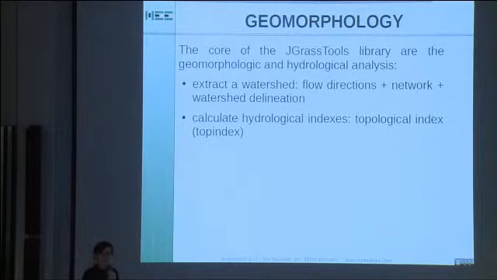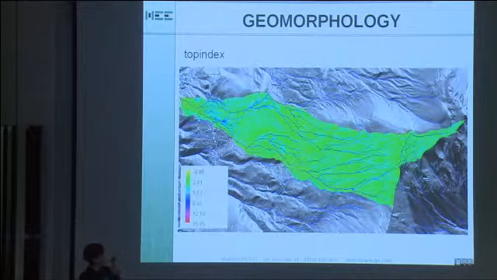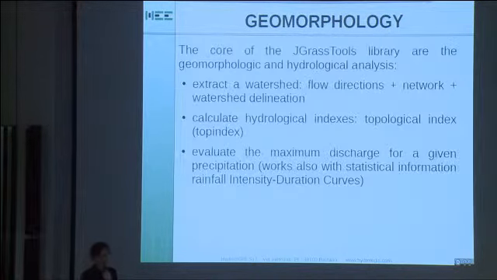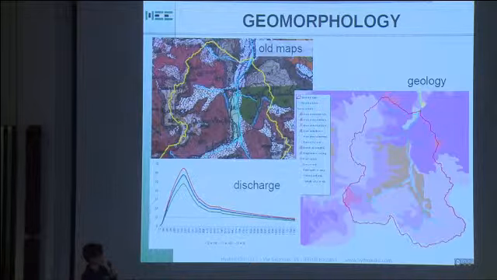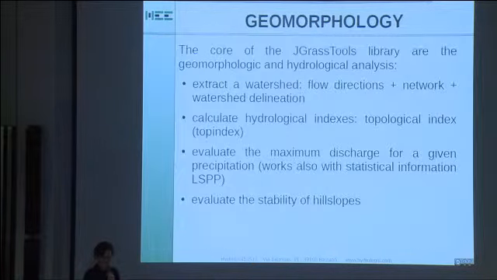Then it is possible to evaluate some hydrological indexes. In this case, this is the topographic index. And evaluate the maximum discharge for a given precipitation, or if you have statistical information, also from the data of the intensity-duration curves, like in this case, and you have different kinds of discharges.